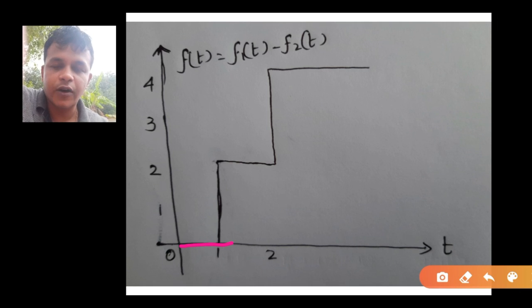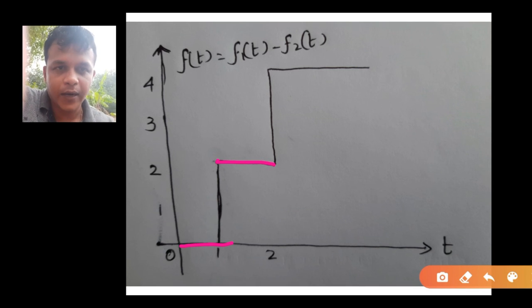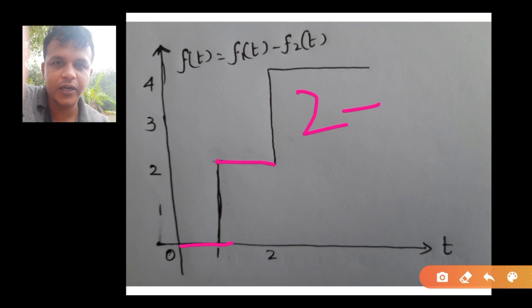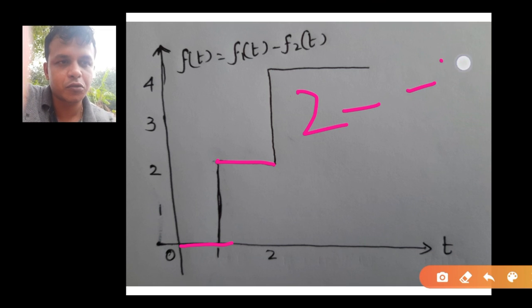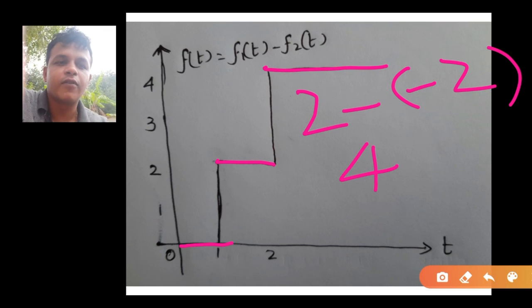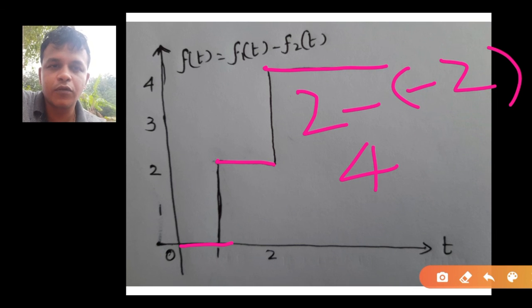From 1 to 2, f1 of t is 2 and f2 of t is 0, so 2 minus 0 is 2. And from 2 to infinity, f1 of t is 2, minus f2 of t, which is minus 2. So 2 minus of negative 2 is 2 plus 2, which is equal to 4. So the resultant amplitude from 2 to infinity becomes 4.